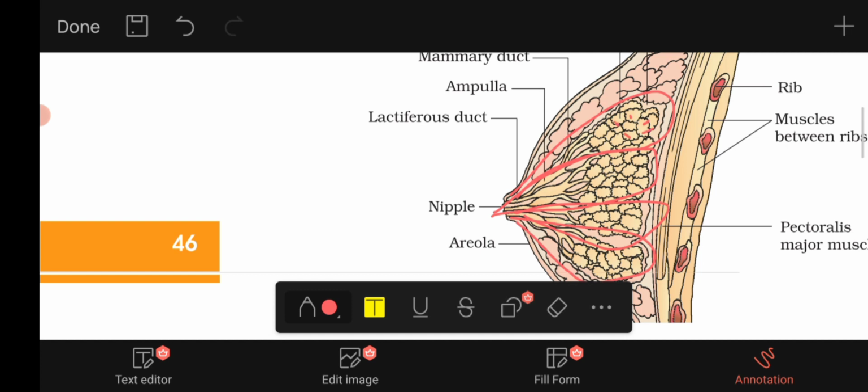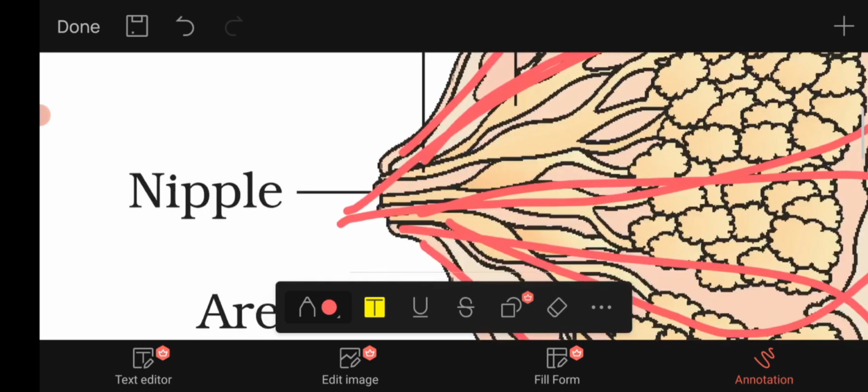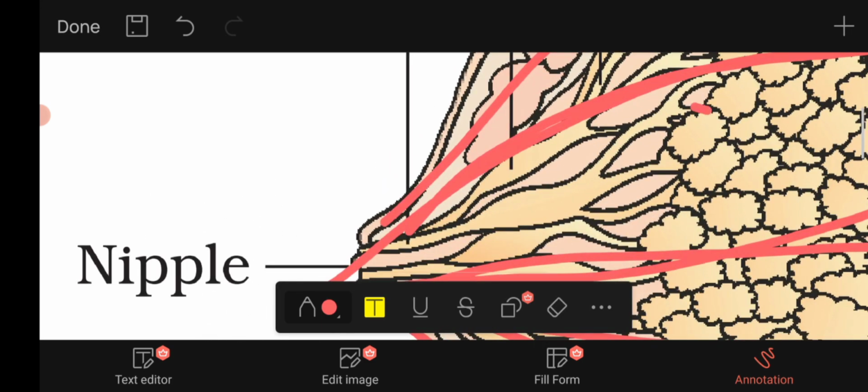The cells of the alveoli secrete milk and store it in their cavities or lumen. These alveoli are now connected to mammary tubules. These mammary tubules of each alveoli join to form mammary ducts, and several mammary ducts join to form this lactiferous ampulla or mammary ampulla, and then it is connected to the lactiferous duct through which milk is sucked out.